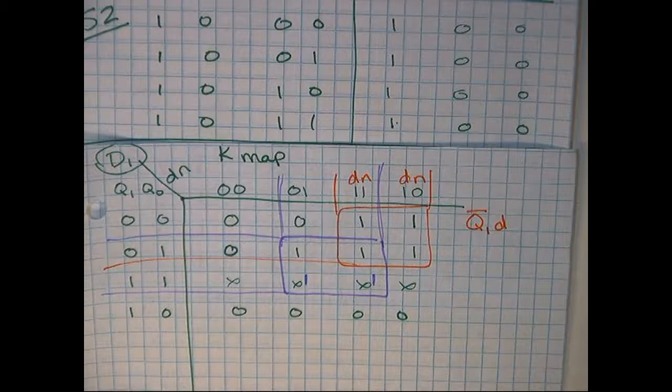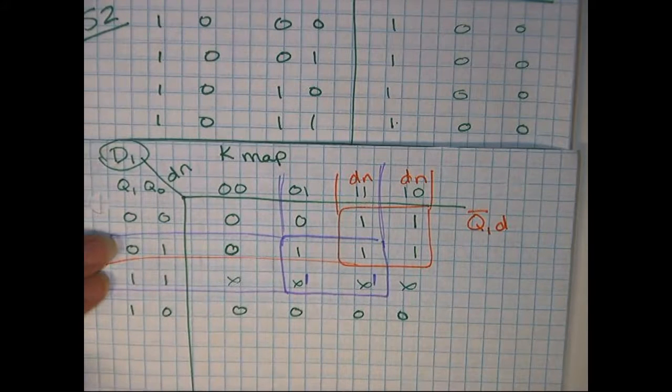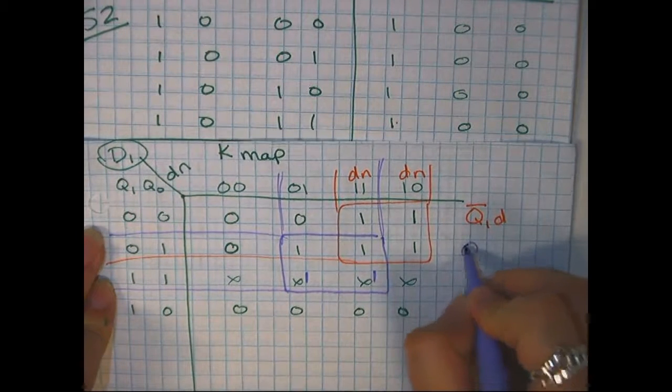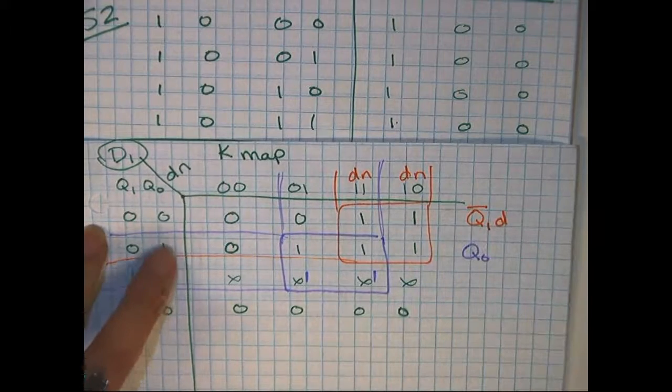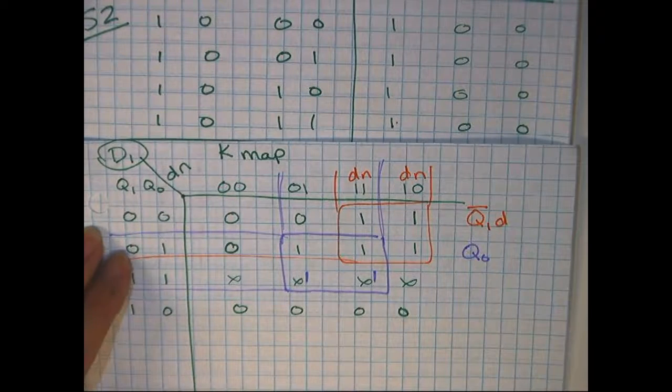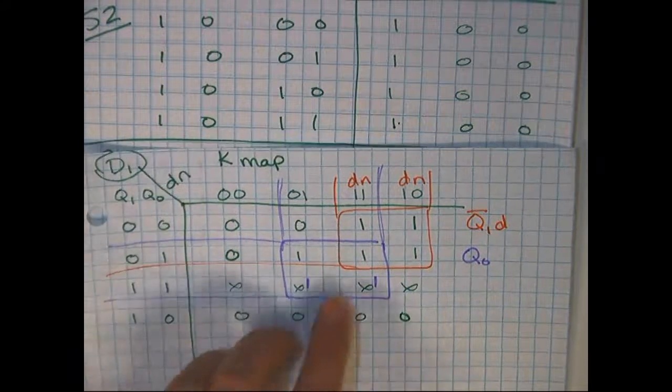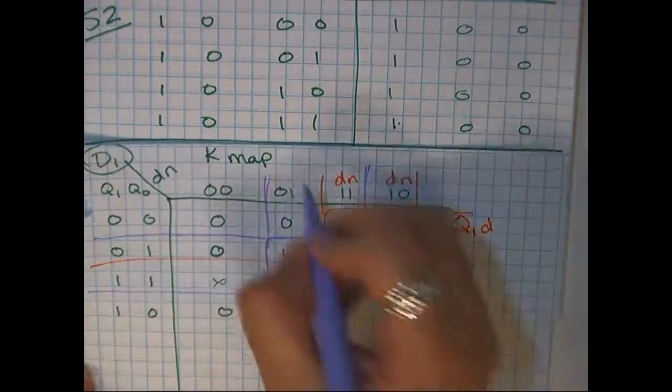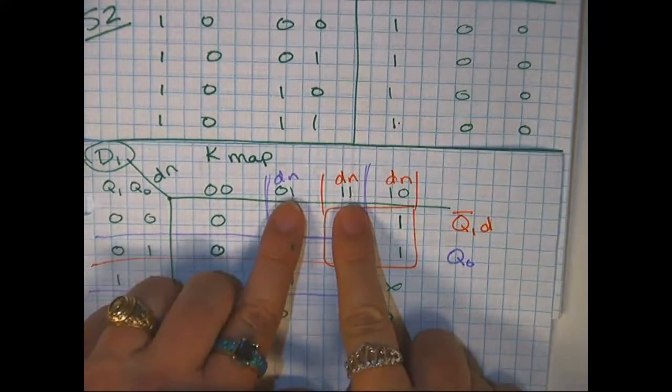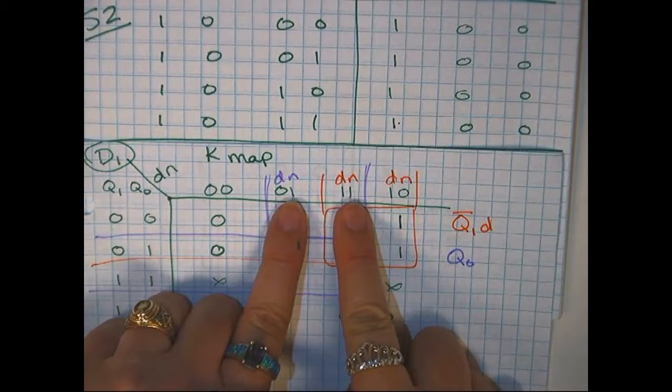So let's describe the purple box. Coming this way, what do I need? Q0. So I need Q0s to be 1s. Do I care about Q1s? No. And then up here at the top, the N has to be 1.